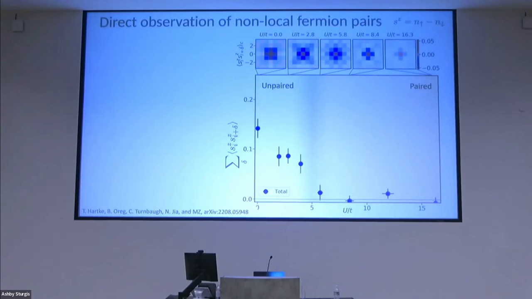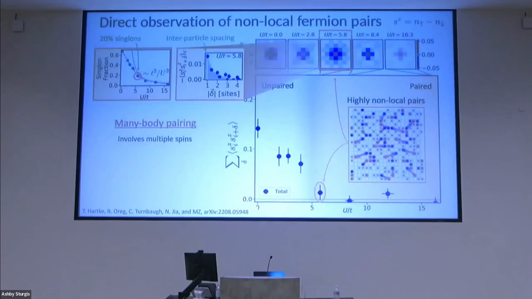So we actually see at large interactions, on the order of 6t or so, we see zero total spin fluctuations, demonstrating that we transition into a paired gas. That's not necessarily a superfluid gas. We think we are like 50% too hot to be superfluid, but it's already a gas with preformed pairs in it, and we can basically say what the pair size is in some ways, and understand how many of these individual singles we expect in a given snapshot. It is on the order of t squared over U.